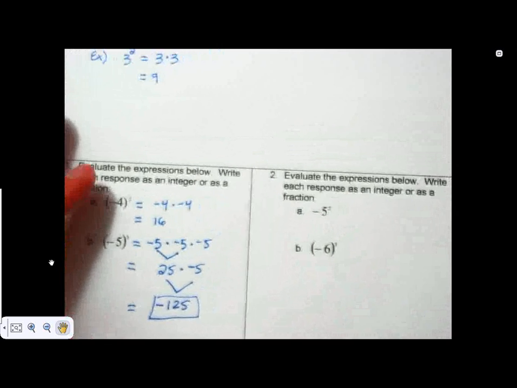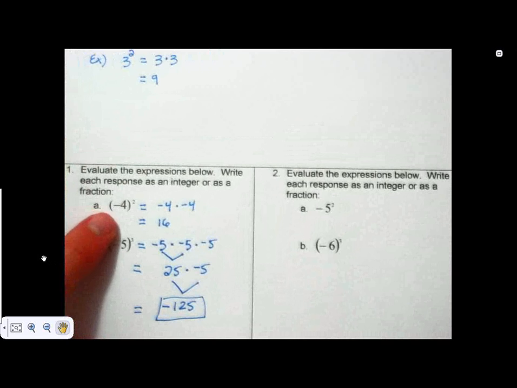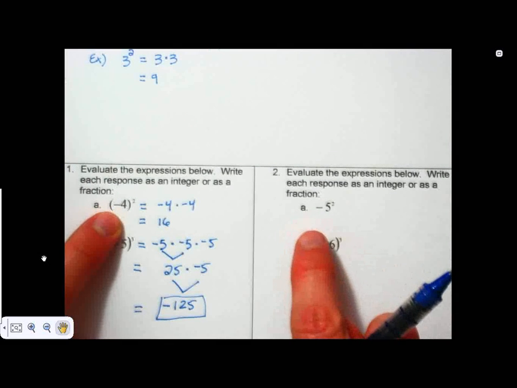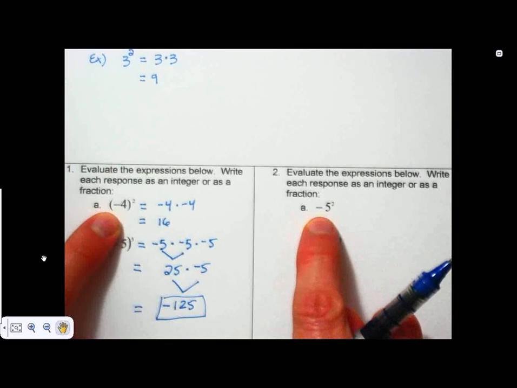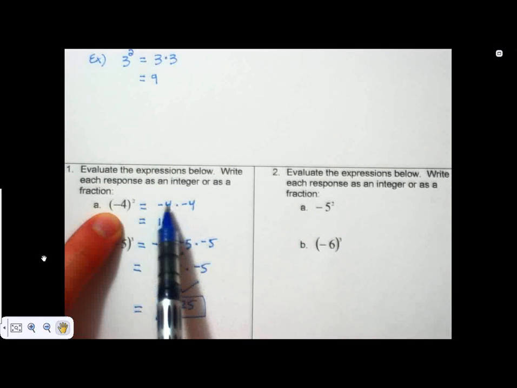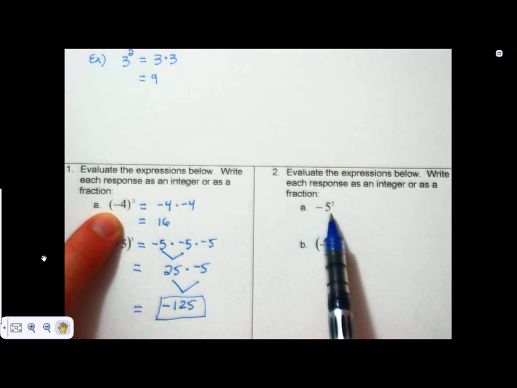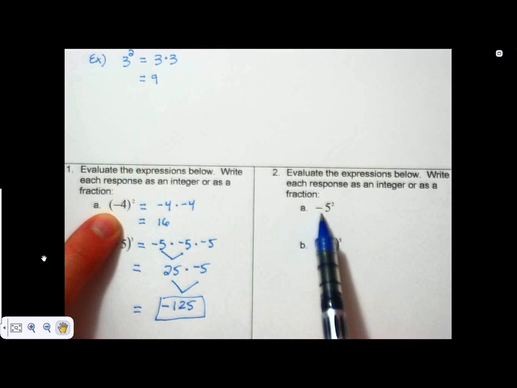Okay, let's try number 2. So number 2, notice how number 2a and 1a differ. In 1a, we had the -4 inside the parentheses. So when we squared it, the negative part came along for the ride. Okay, notice in number 2a, the number -5 is not in parentheses.